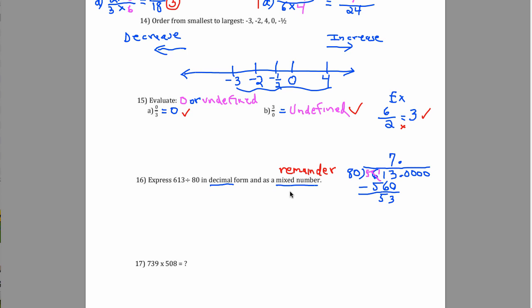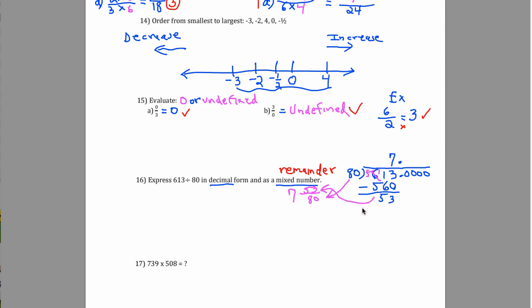So the mixed number answer would be 7, because a mixed number consists of a whole part and the remainder. The denominator is going to be the divisor, the number on the outside here, and the numerator will be the remainder we got. So that's going to be 7 and 53/80ths.